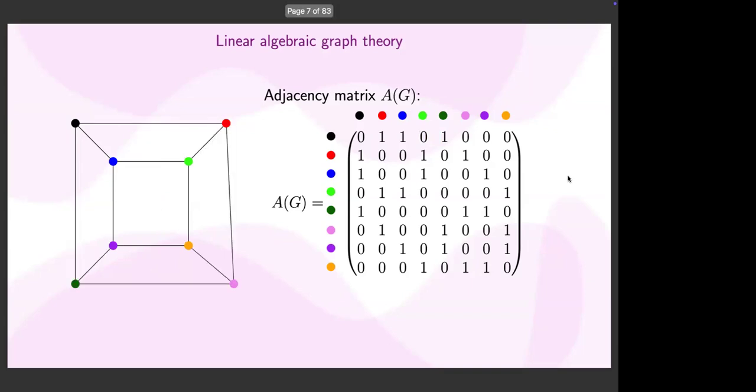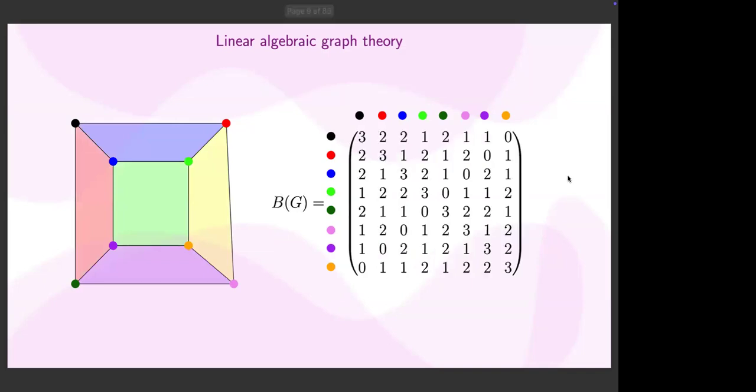It doesn't need to be the adjacency matrix, because instead of looking at this graph just as a graph, we could draw it in the plane like this and consider it as having faces, these regions which are bounded by edges. And then you can write a different matrix, which is still indexed by the vertices of the graph. And the number that I'm putting here is the number of faces that contain both vertices.